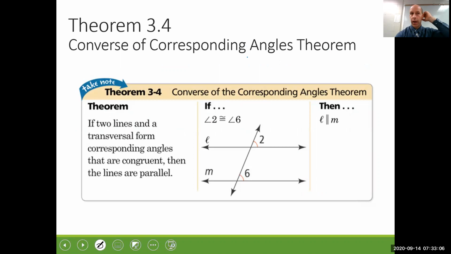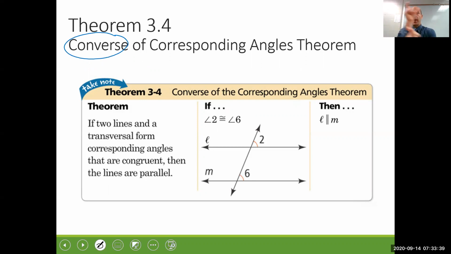Today we're going to look at 4 theorems. These can all be proven. Theorem 3.4, which is the converse corresponding angles theorem, says the following: if two lines and a transversal form corresponding angles that are congruent, then the lines are parallel. This is the converse of the theorem we had in our last section, where we would have said, if the lines are parallel, then their corresponding angles are congruent.